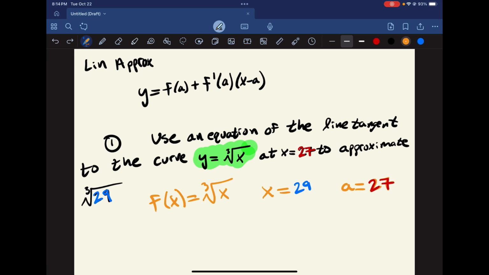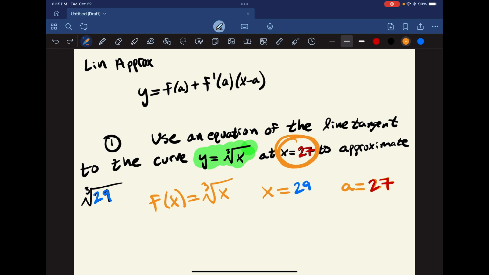We're trying to get pretty close to what the actual cube root of 29 is, right? So we need some number that's pretty close to 29, but that we can easily figure out the cube root of.